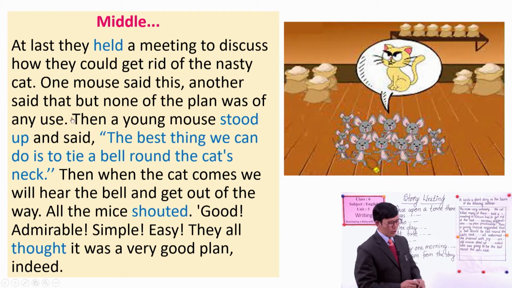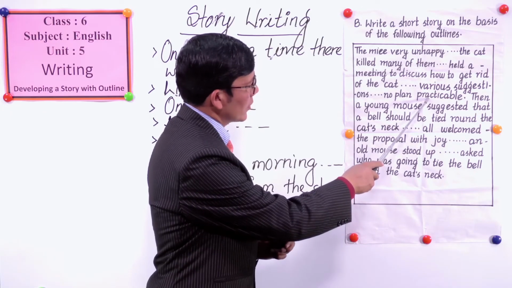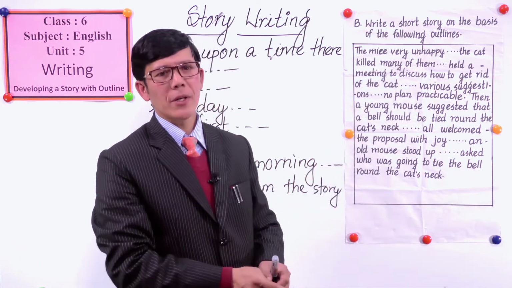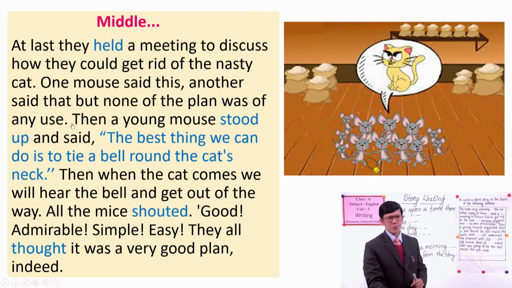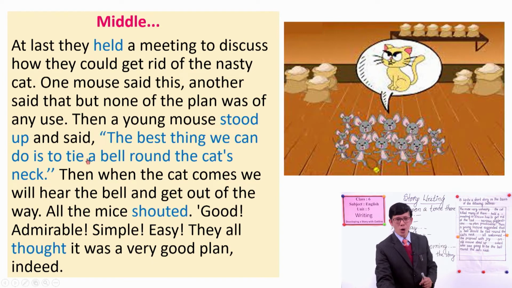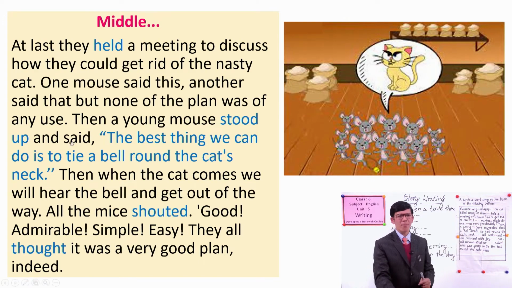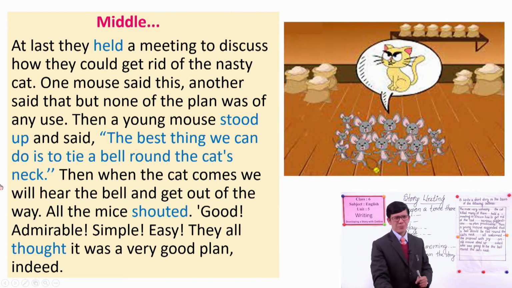That is given there in the outline: no plan practicable. So none of the plans was of any use. Then a young mouse stood up and said, look at the use of direct speech there, the best thing we can do is to tie a bell round the cat's neck. This is the idea made by a young mouse.